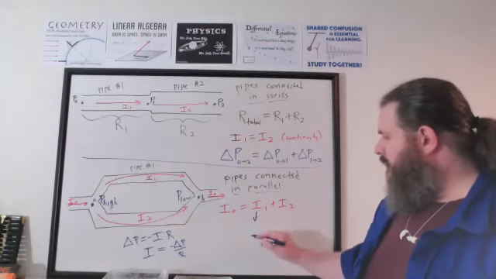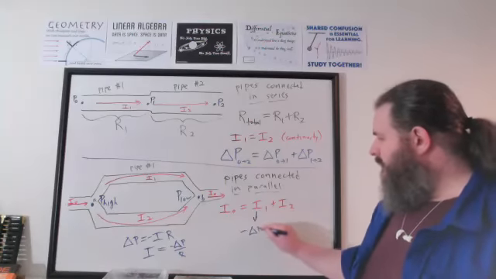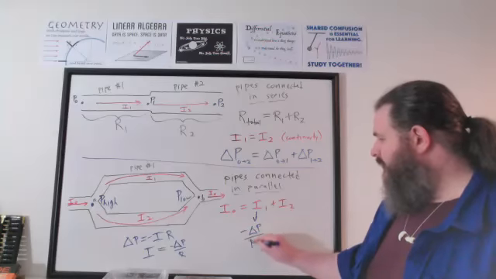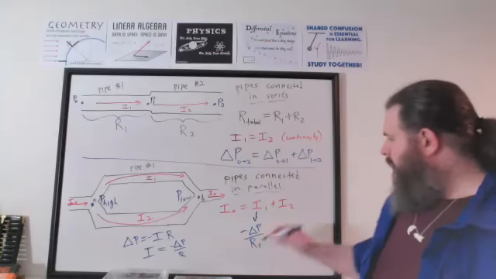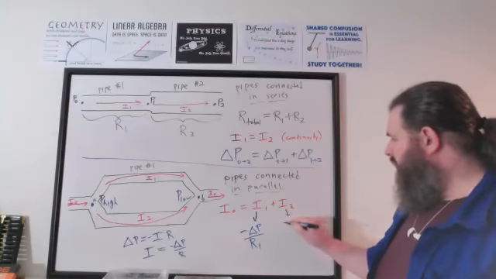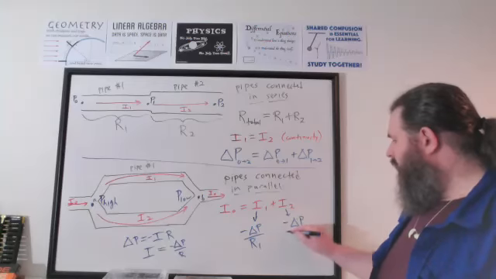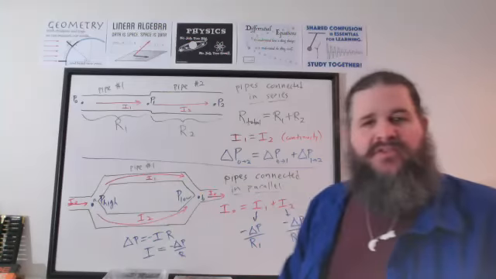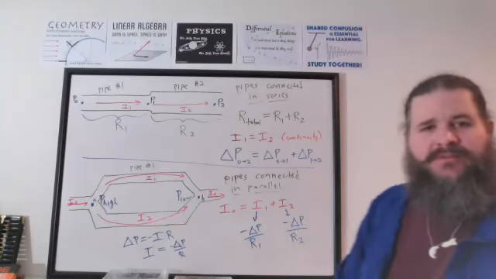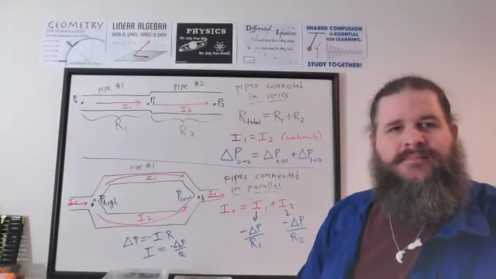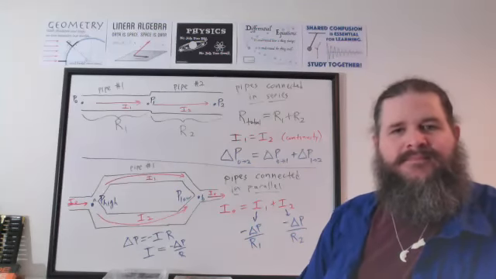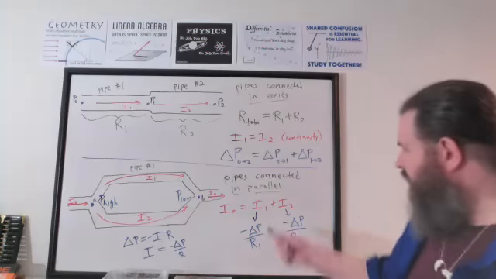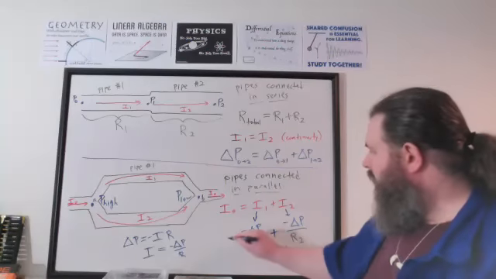Current 1, we can write as negative delta pressure over resistance of pipe number 1. Current 2, we can write as negative delta pressure over resistance of pipe number 2. So each pipe has its own resistance, but what do we know about the delta pressures? They're the same. Right, we've got the same delta pressure for each one.